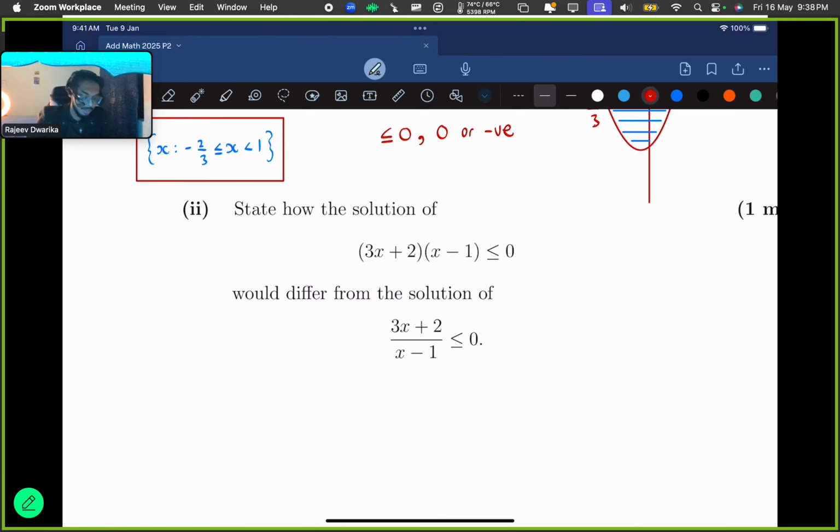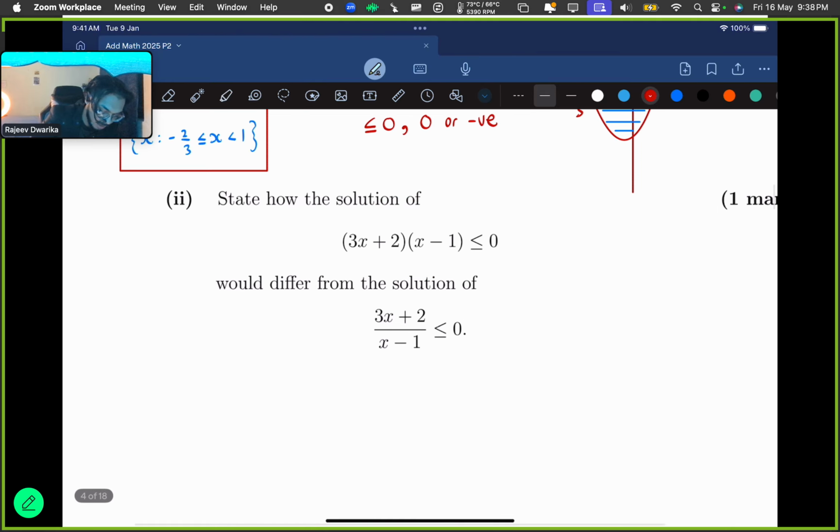And the solution for this would be x is such that x is more than minus 2, but less than or equal to 1, because you don't have a fraction for this.